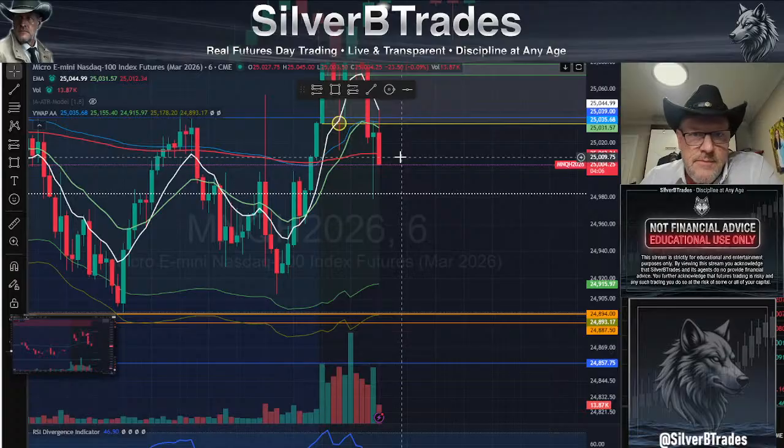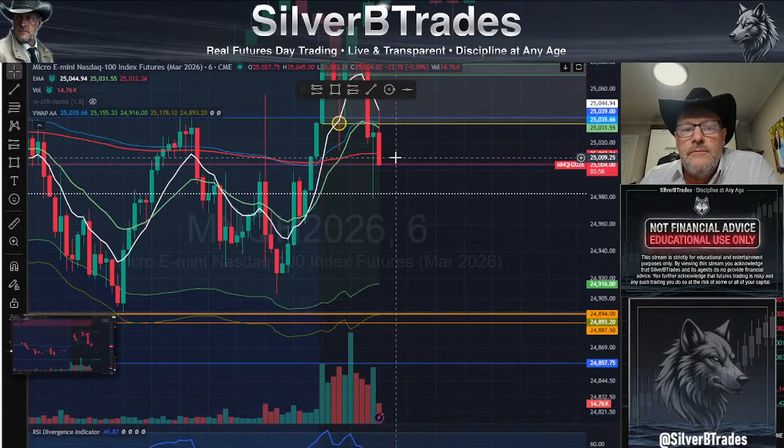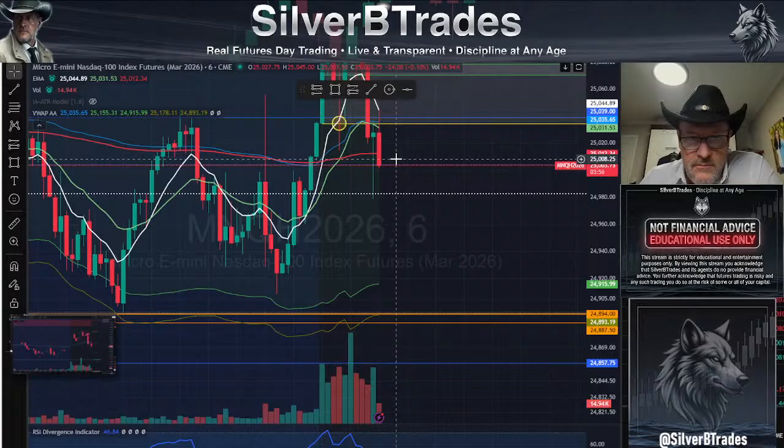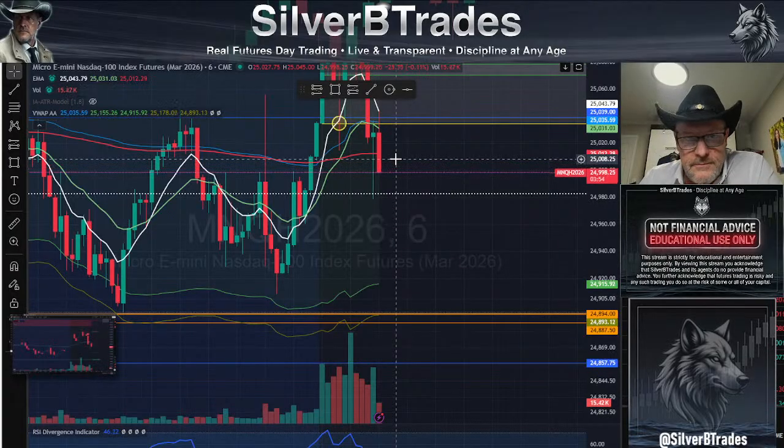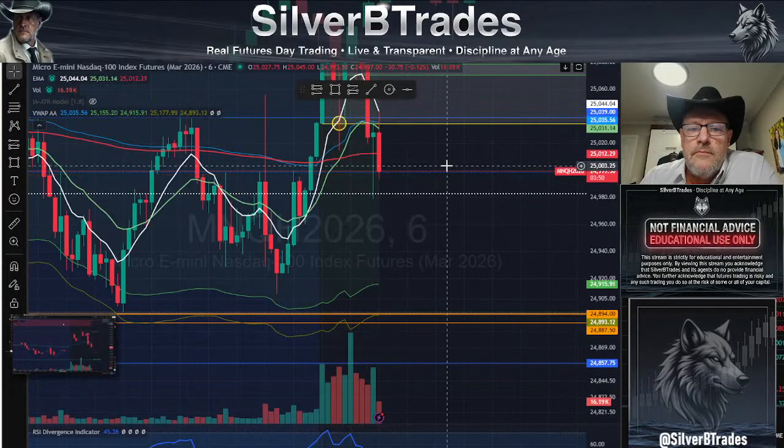I still like the shorts though. Grizzly, if you see longs, feel free to do your thing. I won't be participating. Another touch up there. That 40 was money bags. Just the volume on that previous candle.